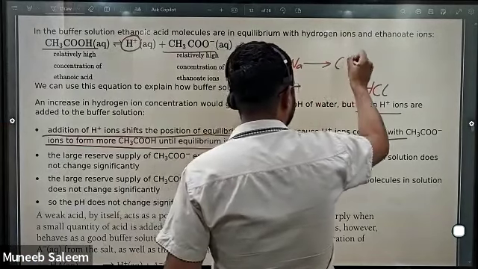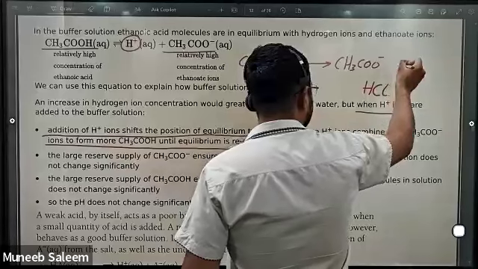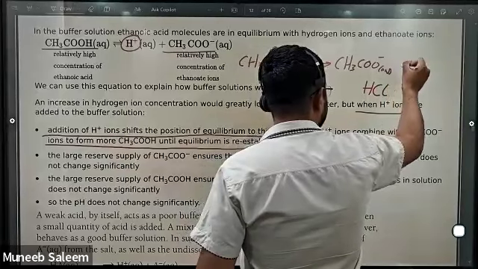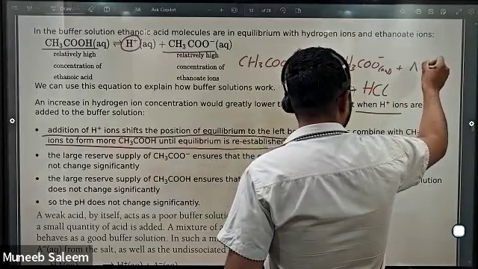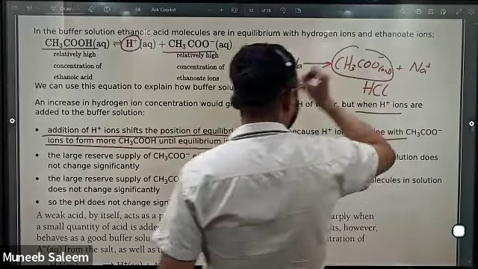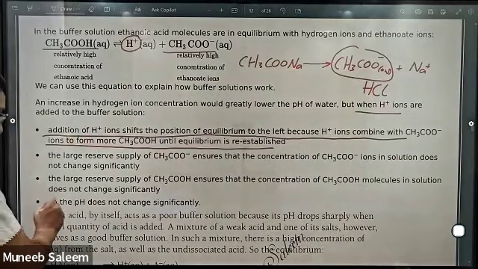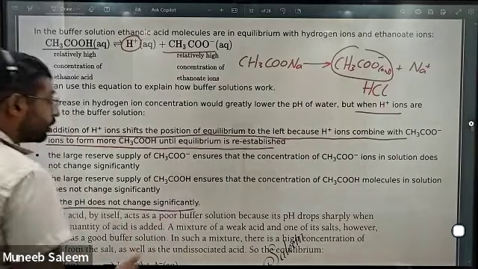When it dissociates, it forms large reserves of ethanoate ions in aqueous form plus sodium ions. This large reserve of ethanoate ions reacts with the hydrogen ions, so the pH does not change significantly.